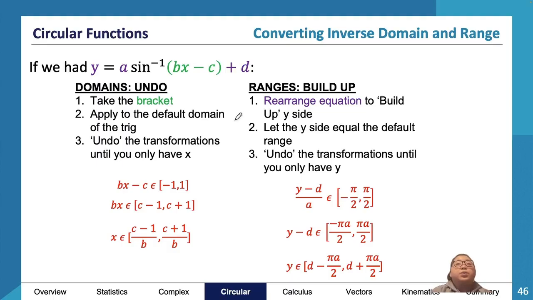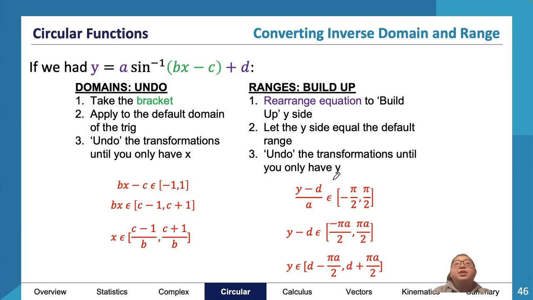With ranges, what we do is we build up. So there's a base range of what it could be, and then we add things to it to make it bigger, right? And it doesn't necessarily have to fit within a certain thing, because remember, our function is repeating. So the range that we use for this is from negative pi on 2 to pi on 2. And that's because that's when it would equal negative 1, and that's when it equals 1. So we just do the transformations to it.